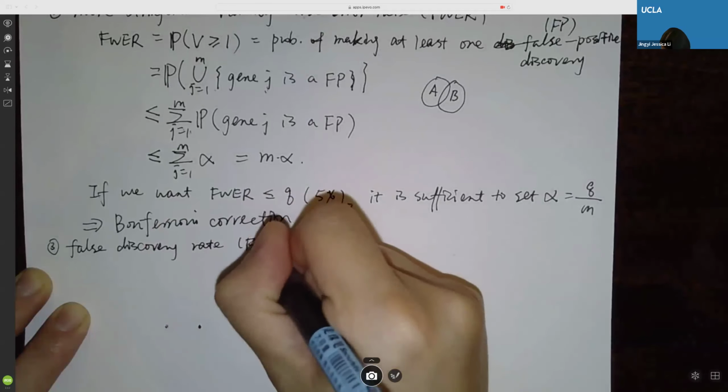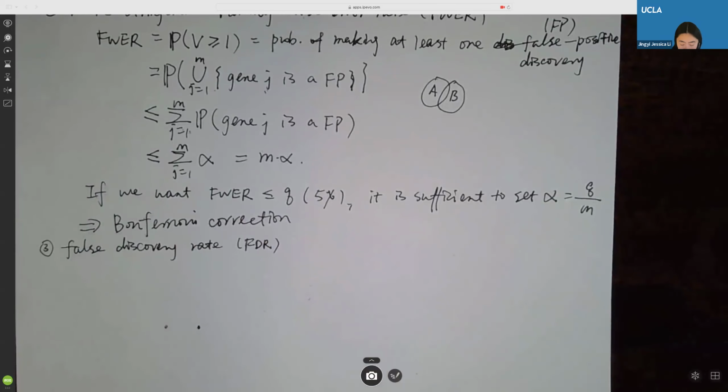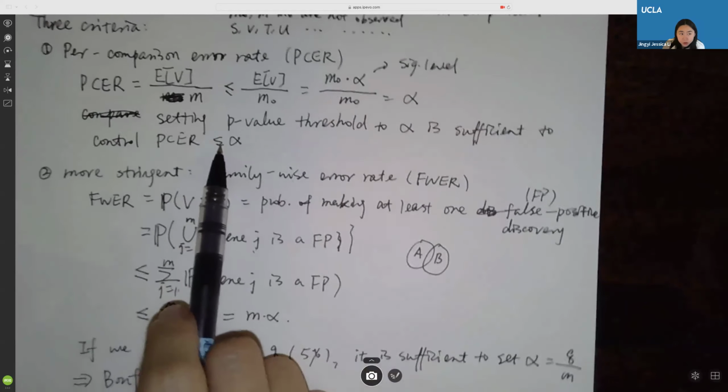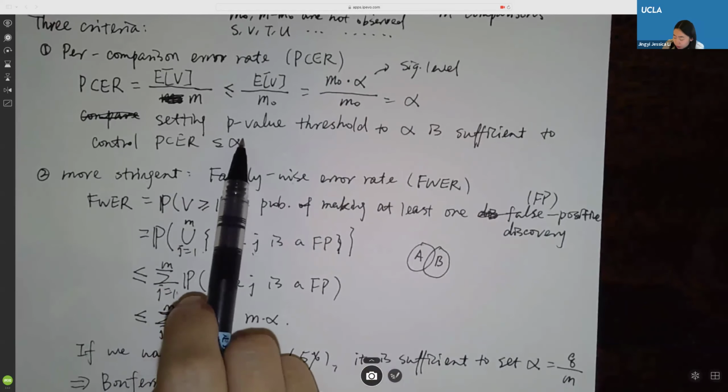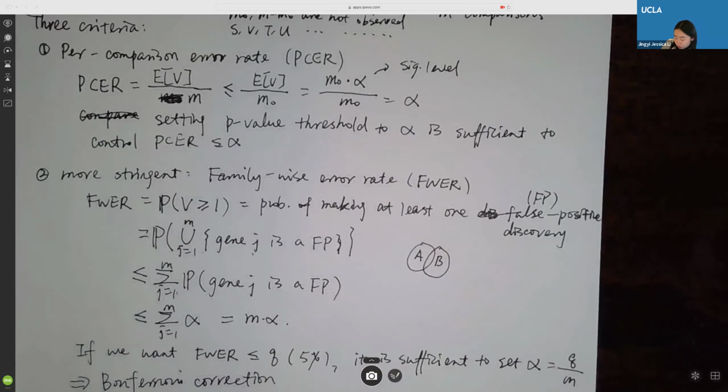FDR, for short, is a new criterion which allows you to set a p-value threshold that is not as small as the Bonferroni correction, but not as loose as the no-correction case. If we just want to control the per-comparison error rate, we just use the significance level 0.05, and there's no correction.